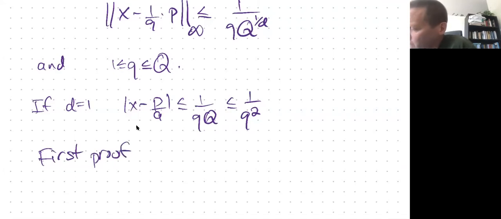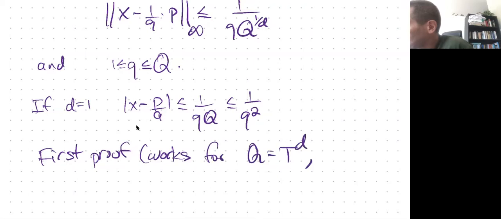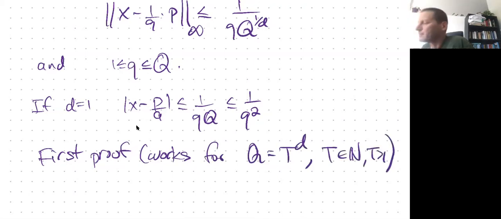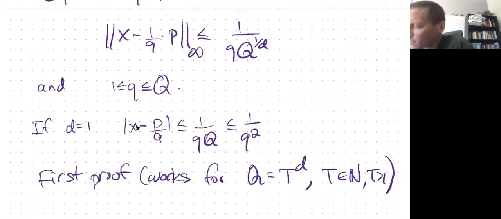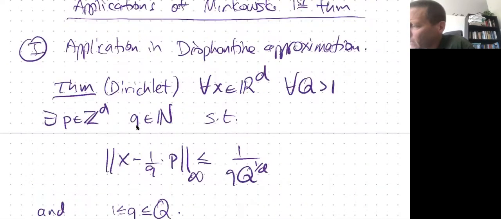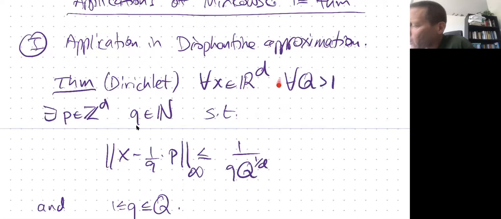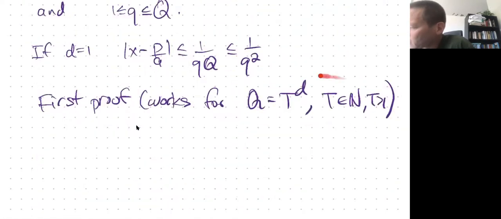So first proof, and this works for Q of a special form, Q is t to the d, where d is an integer bigger than 1. Let me just scroll up. This statement is talking about all capital Q's, and we're now only going to be discussing capital Q's of this special form.